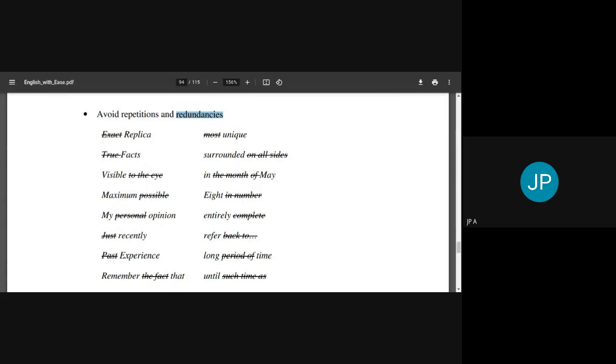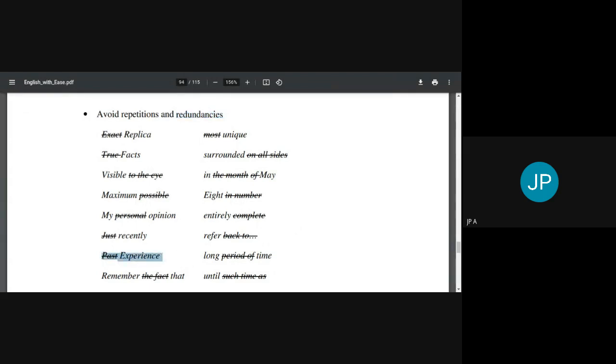In the month of May, this is something which we discussed earlier also. Everybody knows that May, June, December, etc. are the names of months. So there is no need to additionally add the month of. So there are many such redundant expressions that we use. An interesting example is past experience.